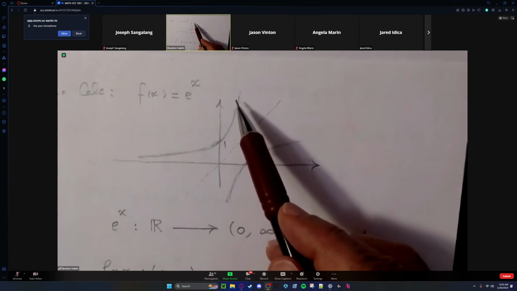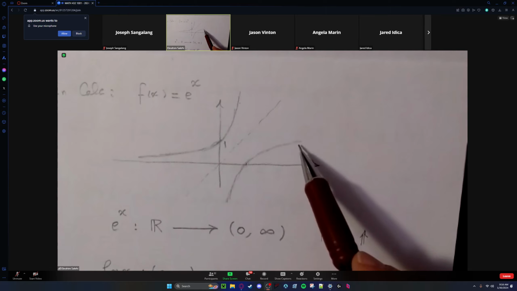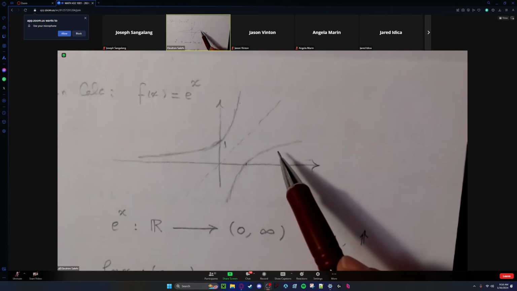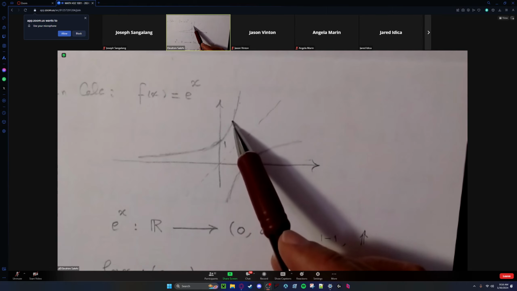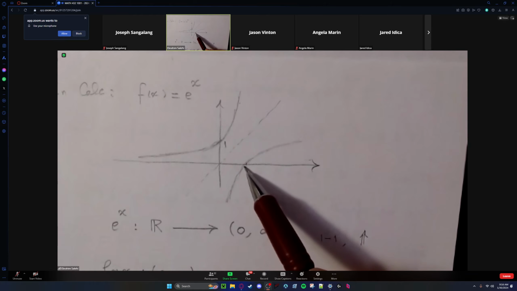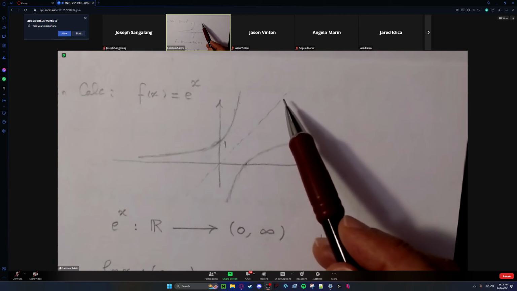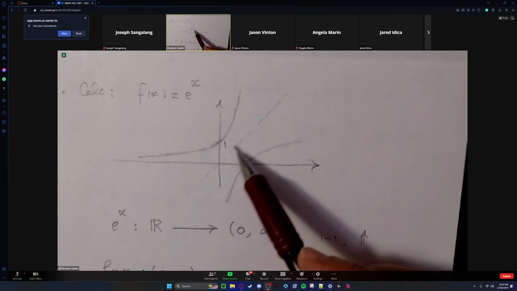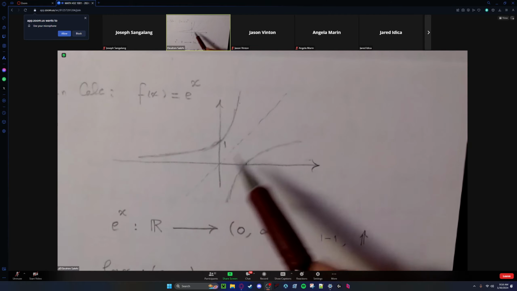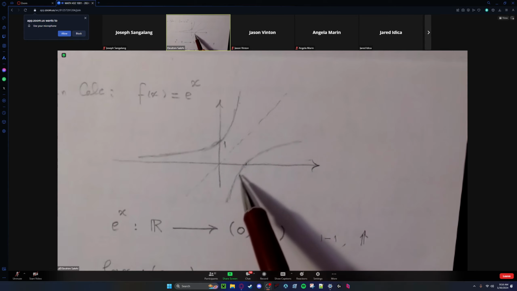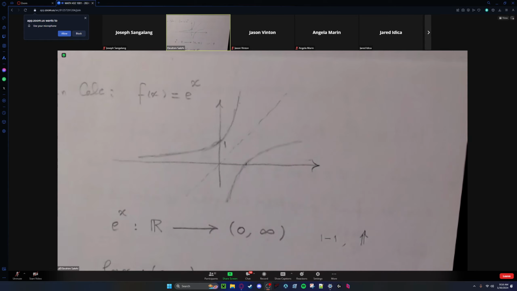This is e to the x, and this is log x. The picture of a function and its inverse is going to be a mirror image with respect to y equals x. So this is y equals log x.